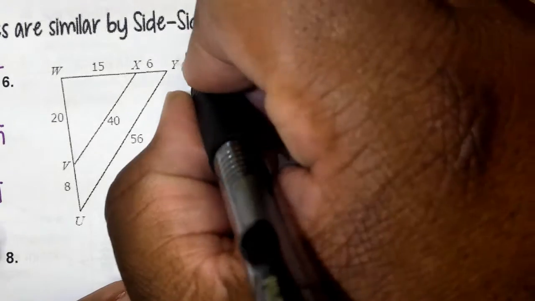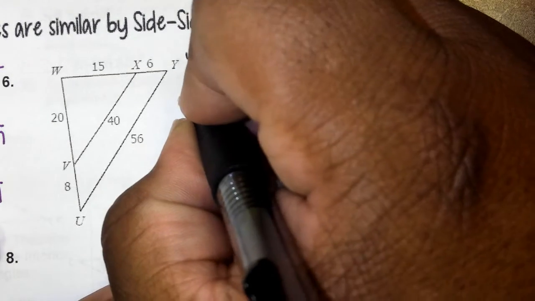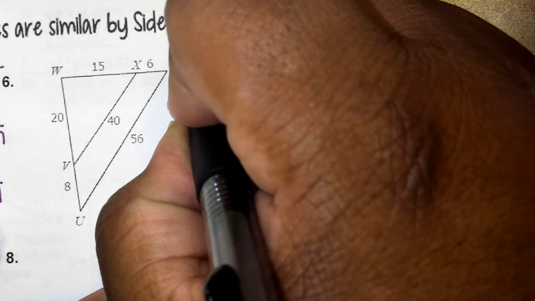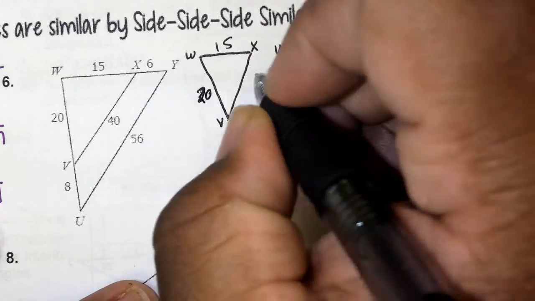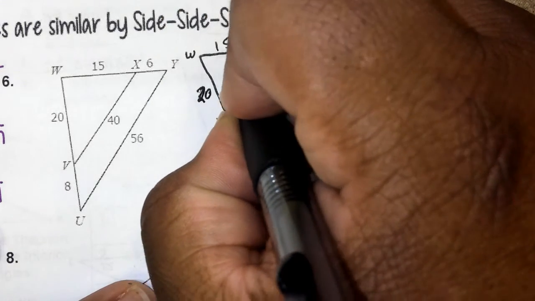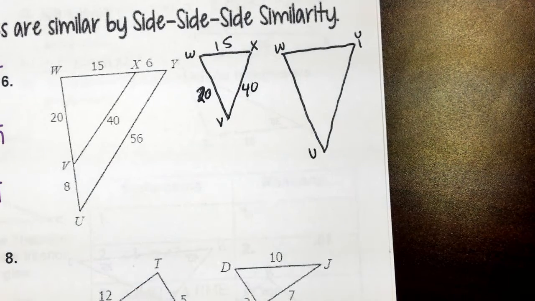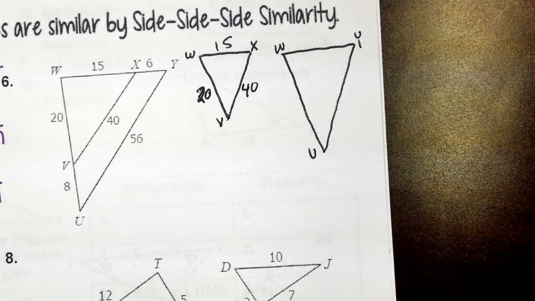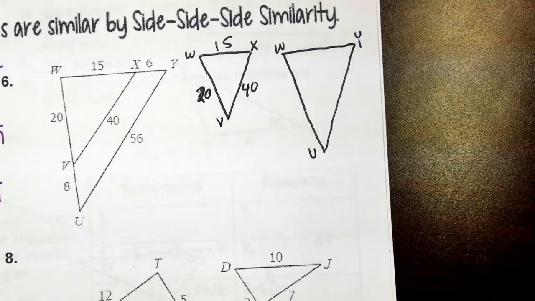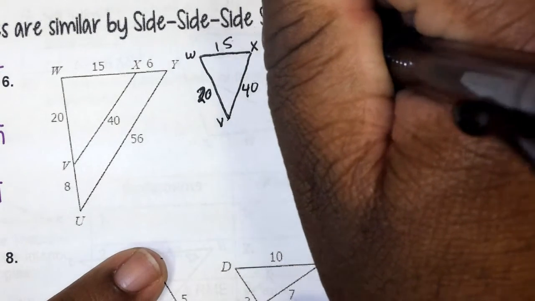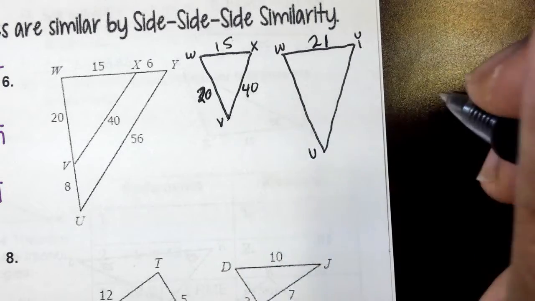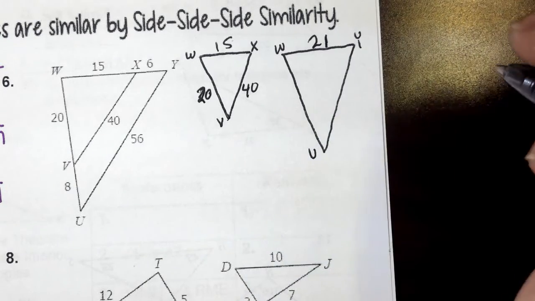On the first one, WX is 15, WV is 20, and then VX is 40. On the second triangle, what's WY, DJ? Thank you. That's the reason I make y'all rewrite them, because some kids mess up on this part right here.